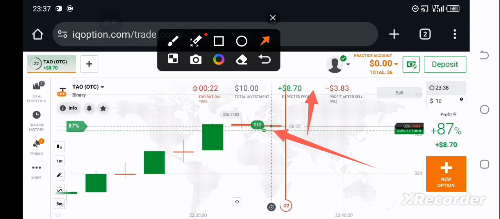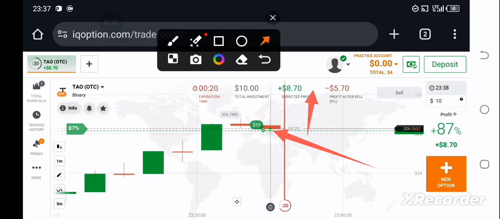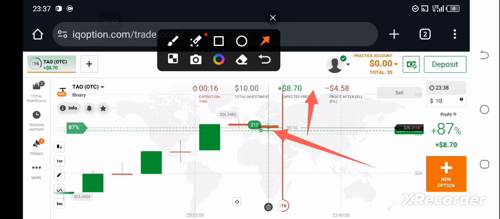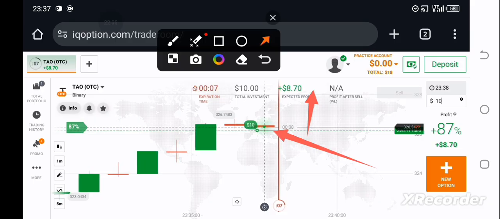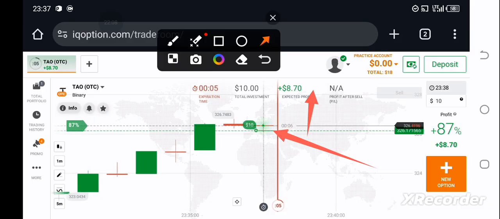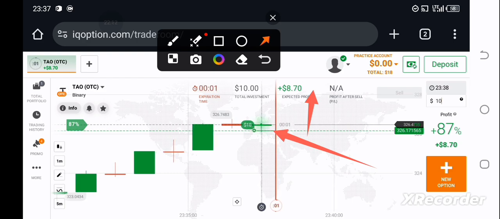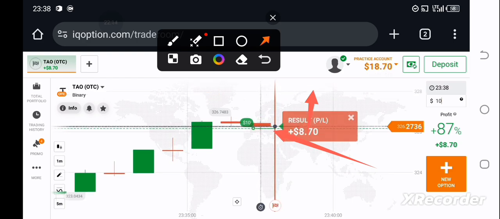That is the advantage of the timer. It gives you room to open a trade at a particular area, especially on 1 minute candlesticks, when you are expecting the market to reach a level and get rejection.